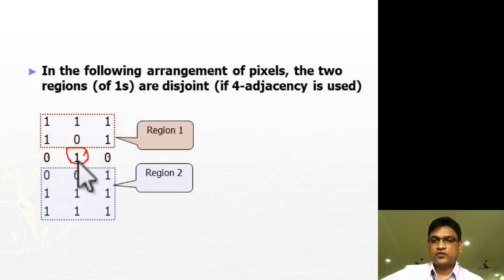If this pixel had 4-neighbors with values from V, that is 1 and 1, falling in this 4-neighborhood, then we could call them 4-adjacent. But this pixel doesn't have any pixel with the same value under 4-neighborhood falling in region 1 and region 2. So it is not 4-adjacent.